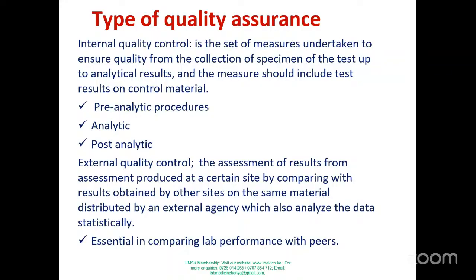Remember, 70% of the clinical errors or other laboratory errors arise from the pre-analytical phase. So you really have to put a lot of effort at the pre-analytical phase to minimize errors as much as possible. Once you get the pre-analytical phase correct, then you are unlikely to face many challenges in the lab.